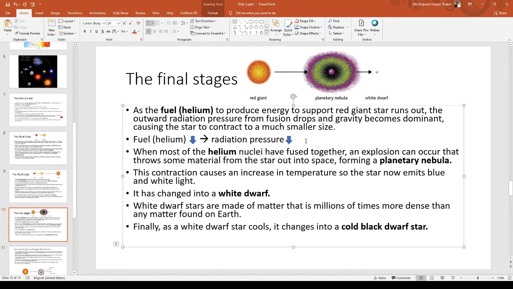So what happens if radiation pressure decreases? Gravity is now greater than radiation pressure, right? So what will happen if gravity is greater than radiation pressure? The star will contract, meaning compress. Okay, so the star will contract. Hope that makes sense.